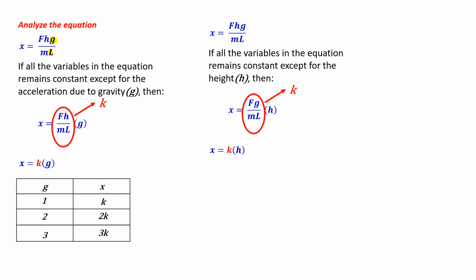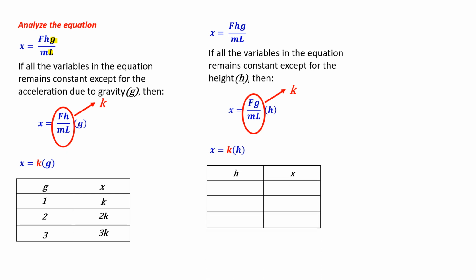Those are going to be kept constant. Just leave the variable that you change, the dependent or independent variable, as the only variable that you will have to record. So h, let's take a look at what will happen.